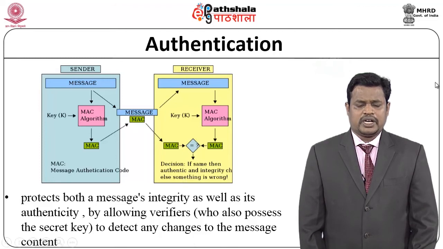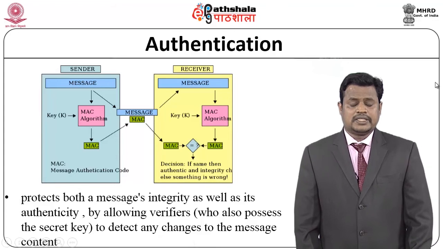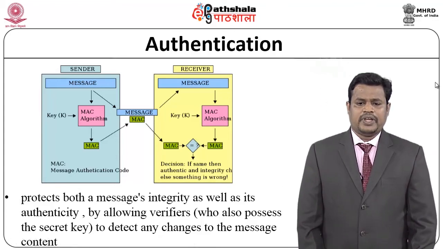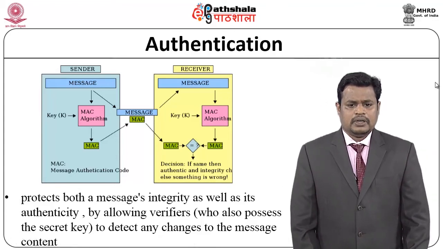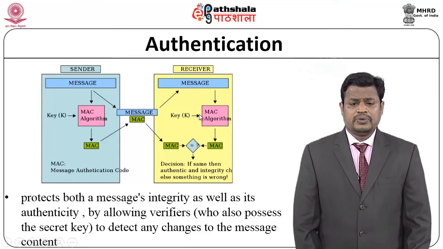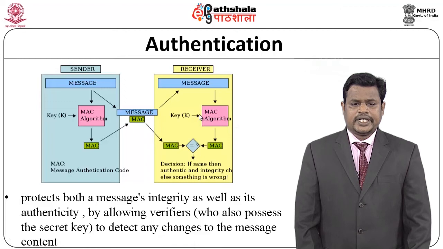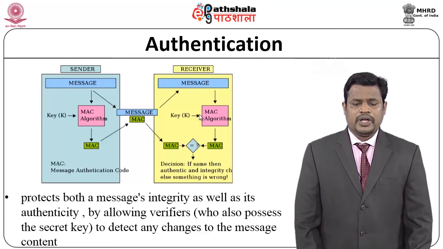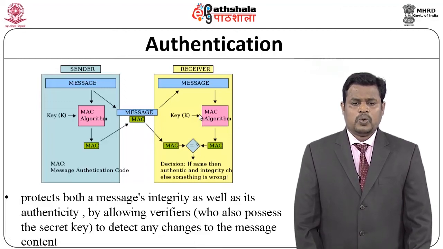So now we can understand that MAC is exactly like the hashing technique we have discussed in the previous topics. But the important point here is that in addition to verifying the integrity of the message, it is also ensuring who has sent the particular message, that is the originator.